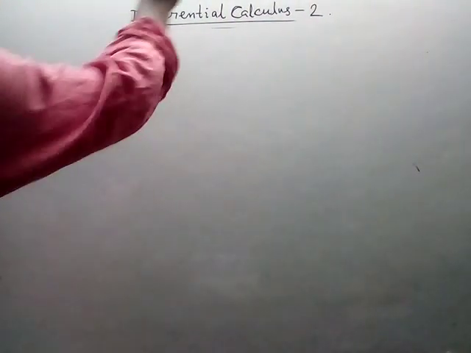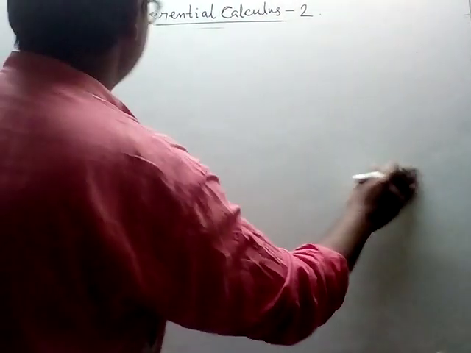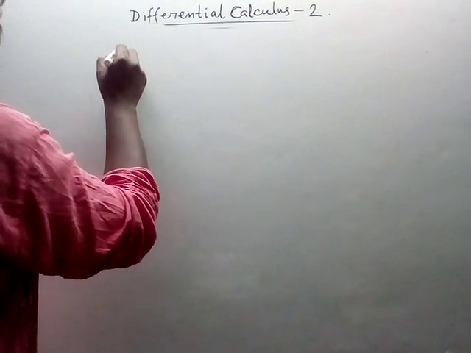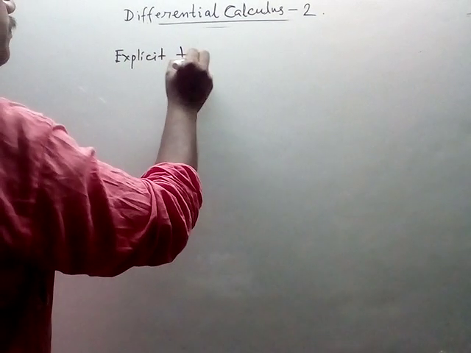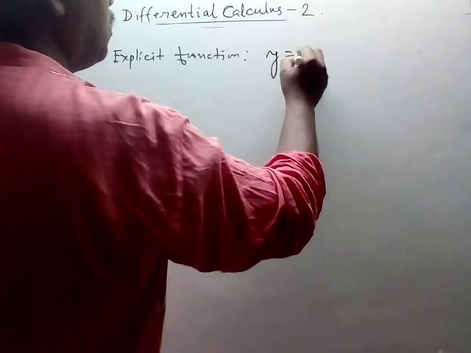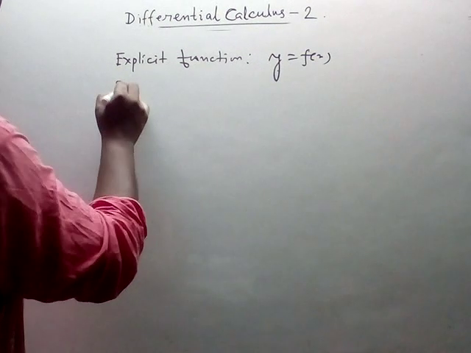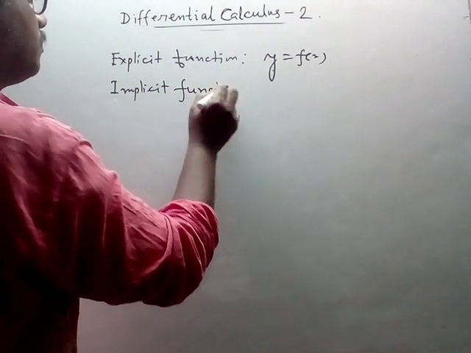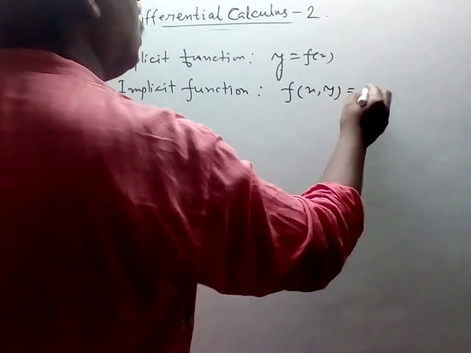Now there are two types of functions by representation. One is explicit functions, another is implicit functions. Explicit functions are of the type y equals f(x), where y is the subject, and implicit functions are of the type f(x, y) equals c.